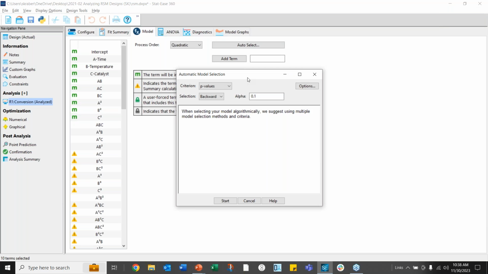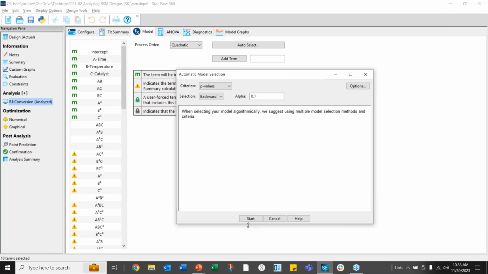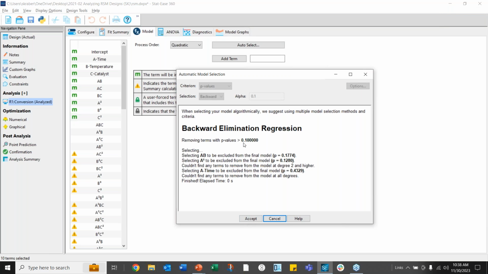The easiest one to understand is one called p-value backward. And I'm just going to let this thing run and show you what it's doing. So I'm going to click Start. And it looks at all the p-values for each term, and it finds the terms that have the biggest p-value. That means they're least significant.